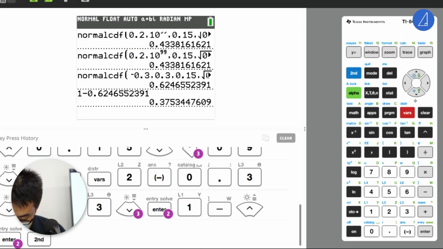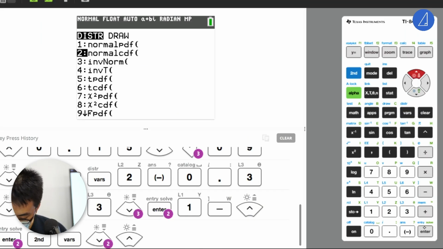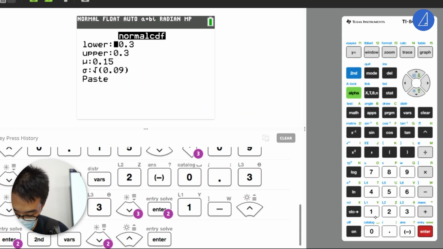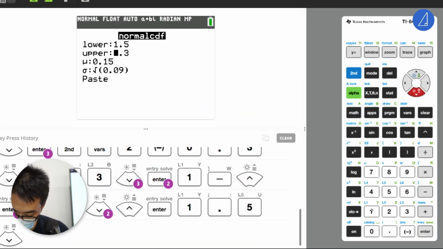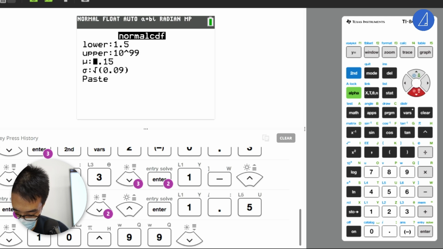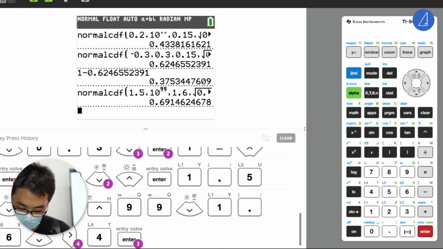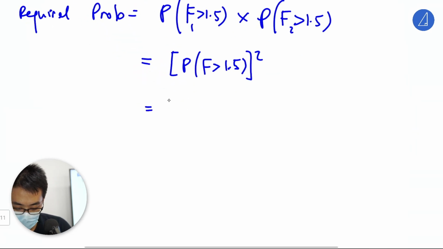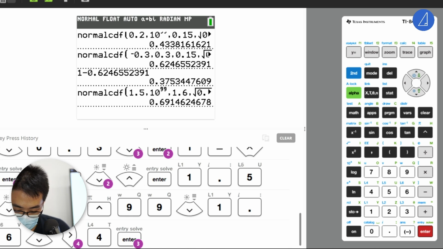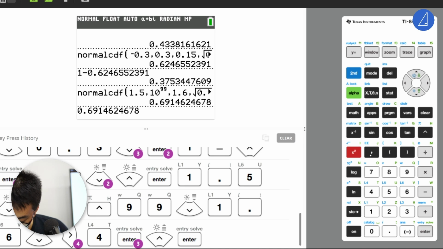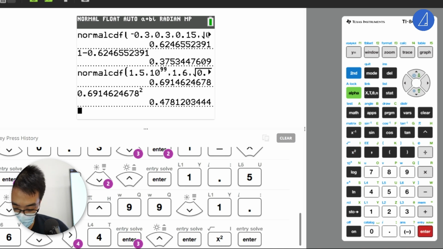Lower bound is 1.5, upper bound 10 to the power 99. We get 0.69146, and then squaring it gives 0.47812.